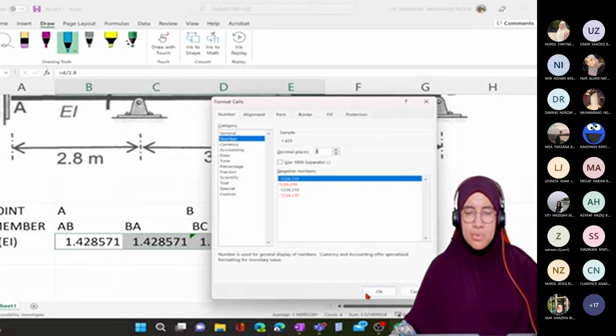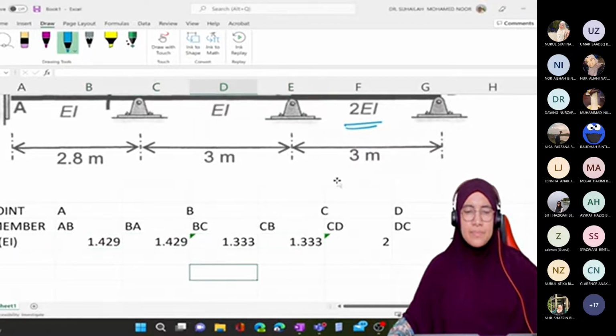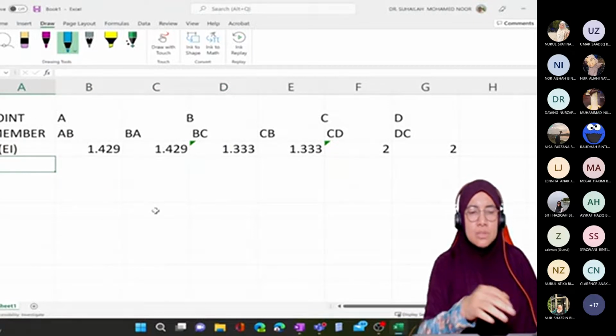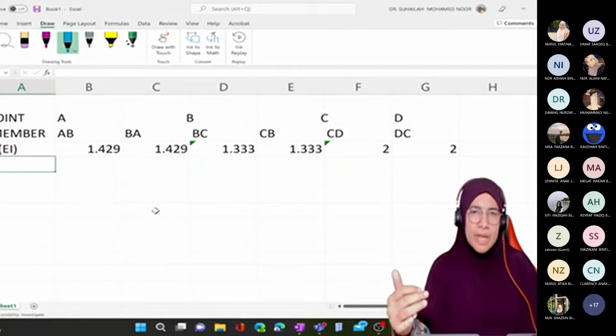Okay, I will set to 3 decimal places. Okay, so after K, the distribution factor.